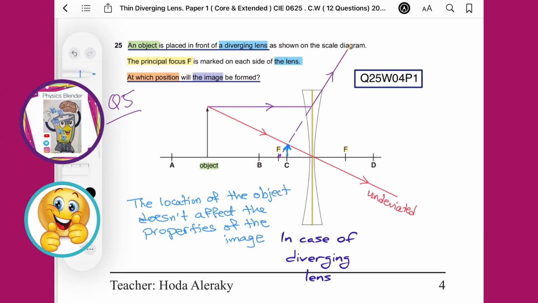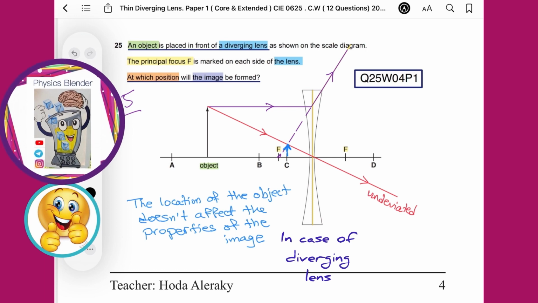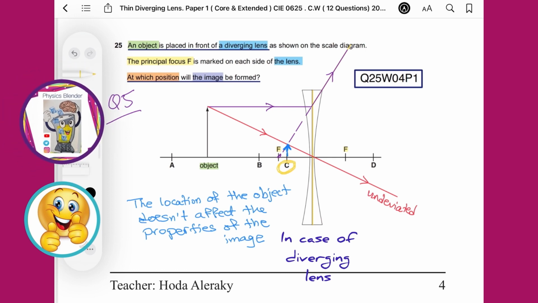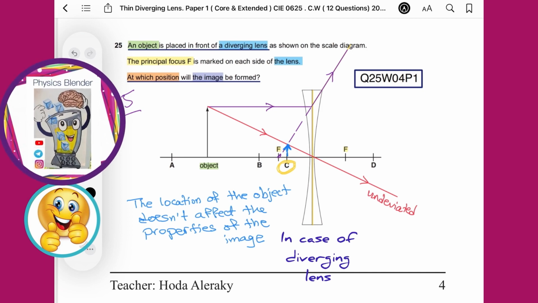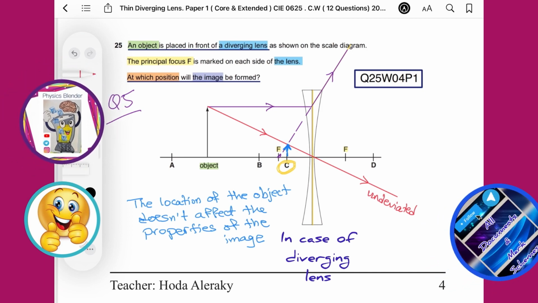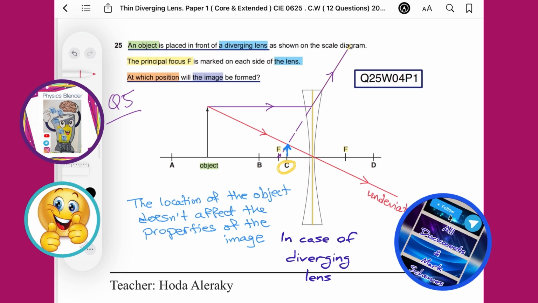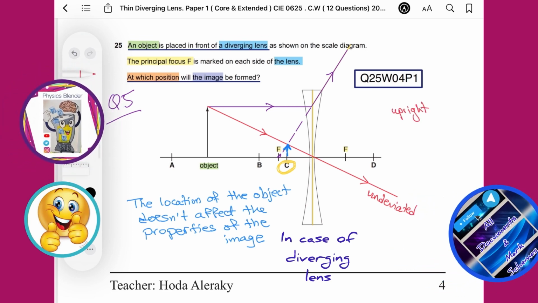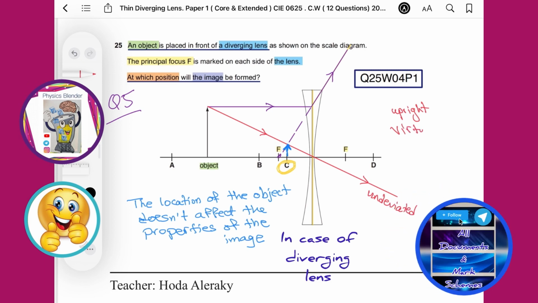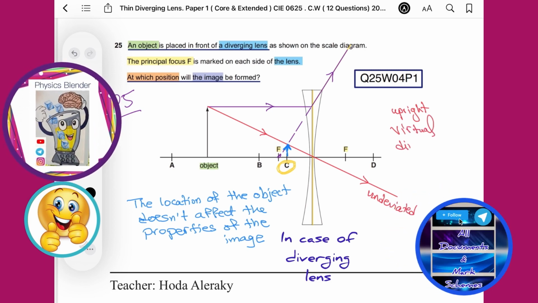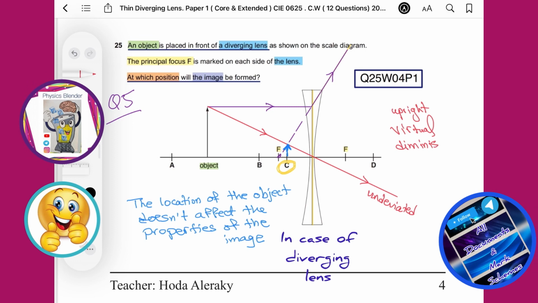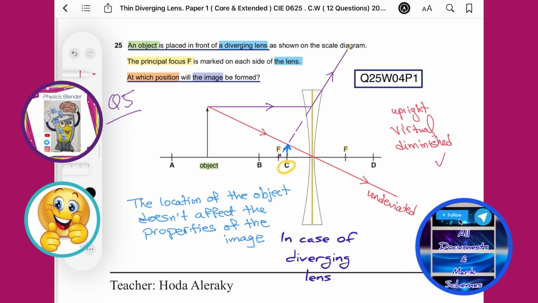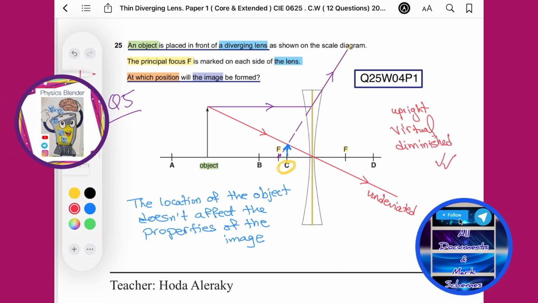So the answer for this one is C. And let's write one more time: what are the properties of the image? Whatever the location of the object, it's upright, virtual, diminished. This question is very important.